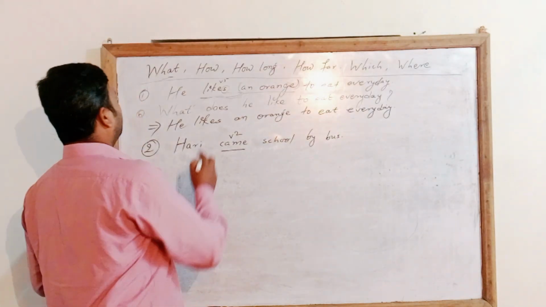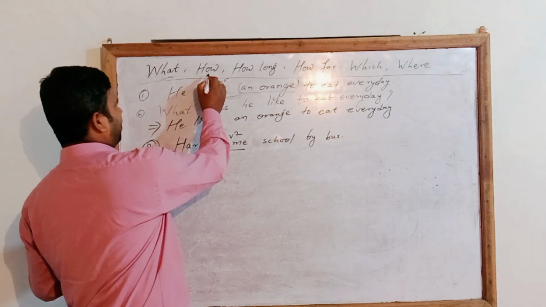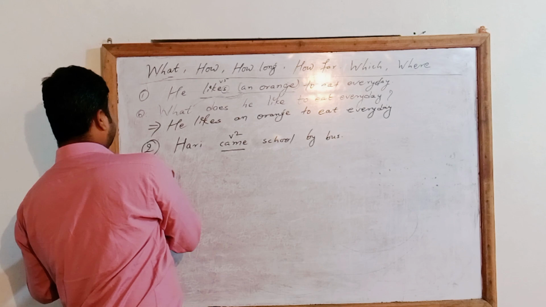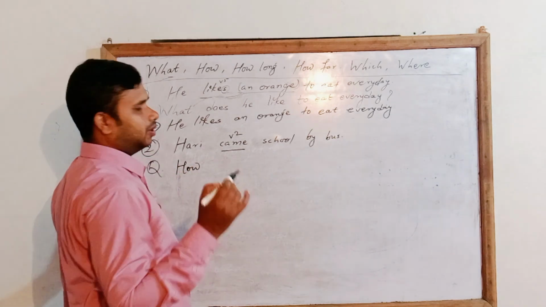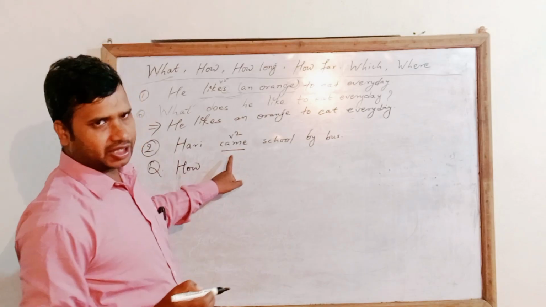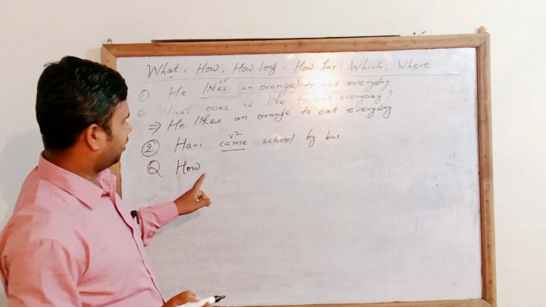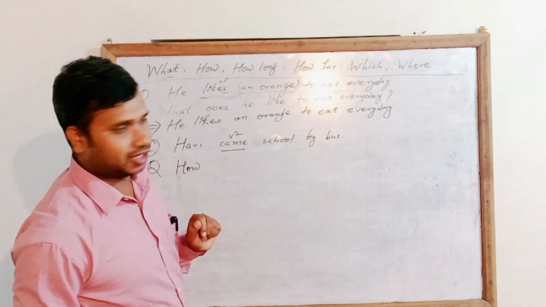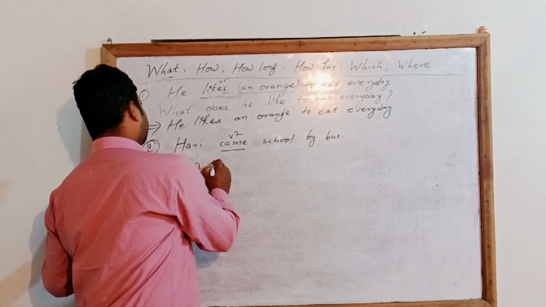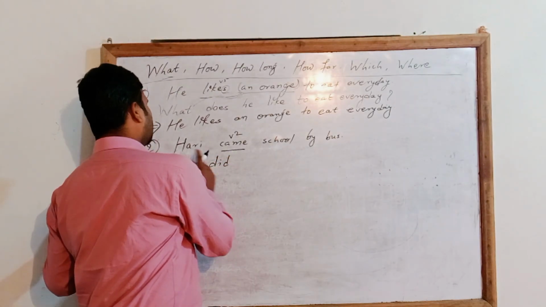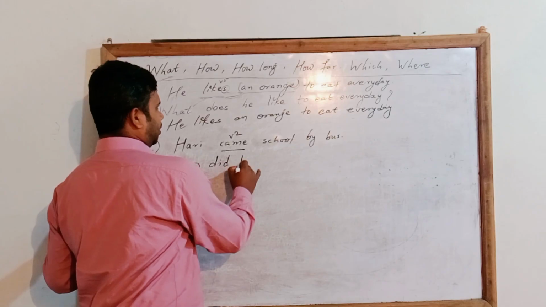How do you write a how question? You have to write how first. After that the auxiliary verb. The V2 form takes did as the auxiliary verb. Do, past, did. So the auxiliary verb did. How did. After that the subject, Hari.